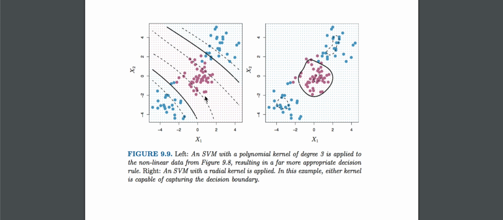But if we enlarge the feature space, for example using a polynomial kernel of degree 3, we get a support vector classifier and these boundaries in the enlarged feature space. So it is linear in the enlarged feature space, but when we bring it back to the original space, it becomes nonlinear.